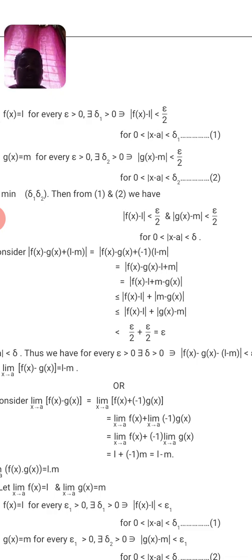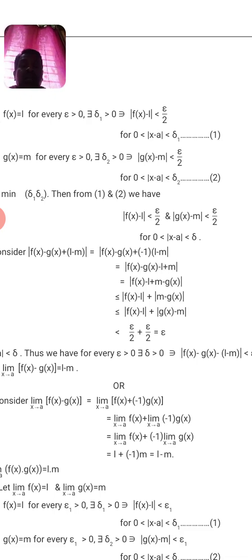On further simplification we have modulus f of x minus L plus m minus g of x, which is less than or equal to modulus f of x minus L plus modulus m minus g of x. And further, which is less than or equal to modulus f of x minus L plus modulus g of x minus m, because modulus m minus g of x is equal to modulus g of x minus m.